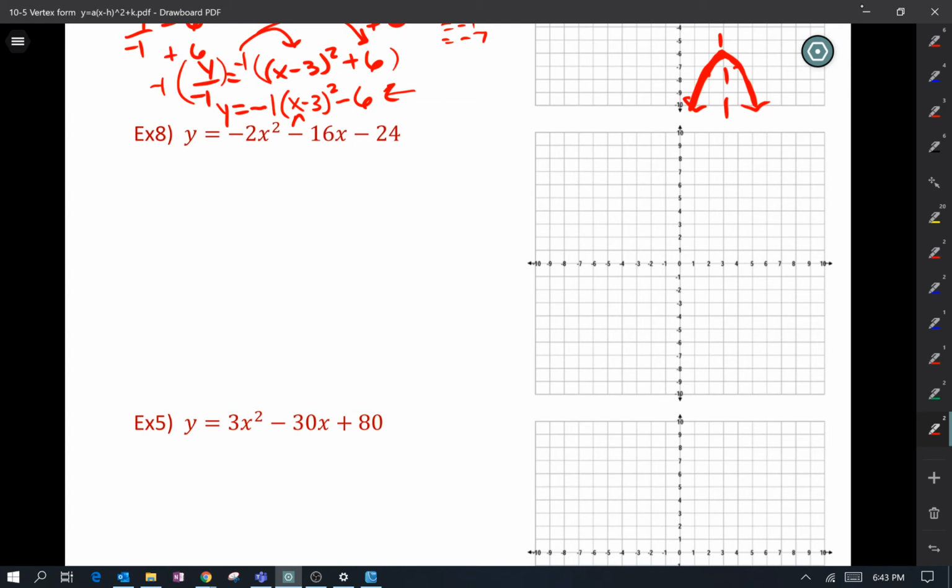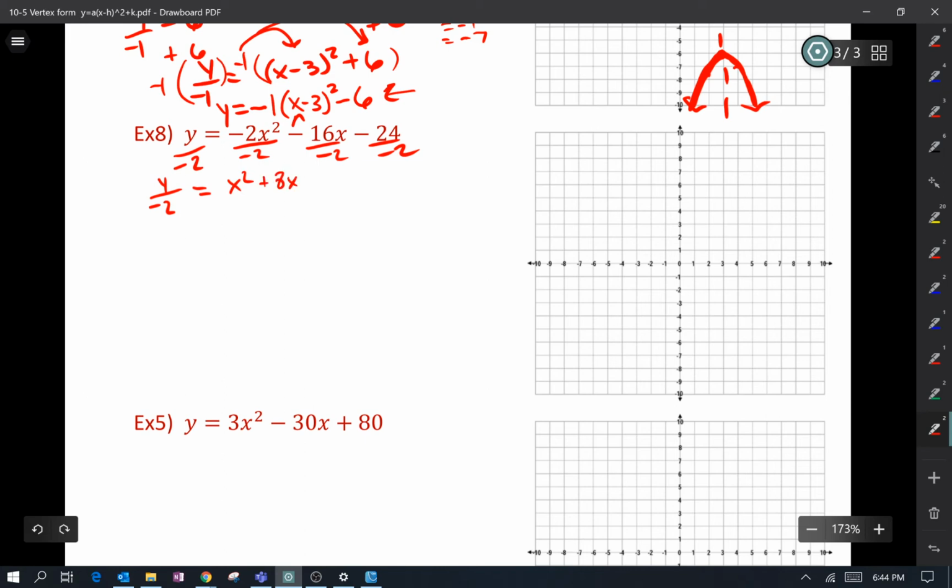All right, next problem. We cannot get rid of the -2 by dividing everything by -2 because the y is still going to have an over -2. So we're going to divide everything by -2, but we're not going to get rid of the negative 2. We're just going to have y over negative 2 equals x squared plus 8x plus 12.